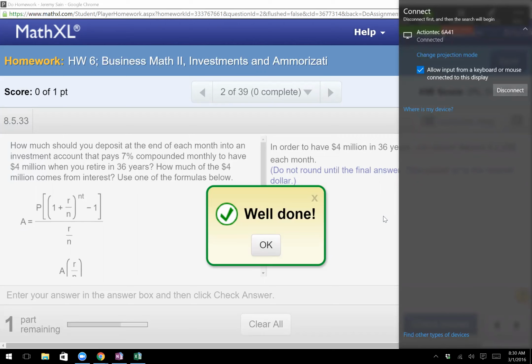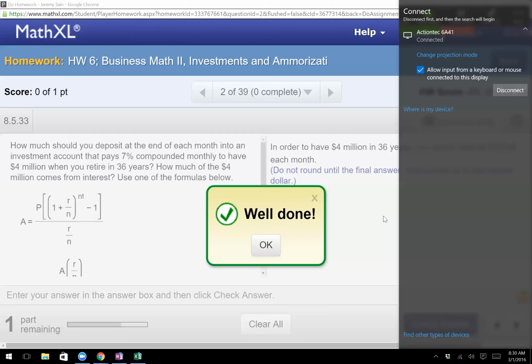Yes. For 36 years, 36 times 12 months. 36 times 12 times the 2058 thing. So we're putting in less than $900,000, and then 4 million minus that.